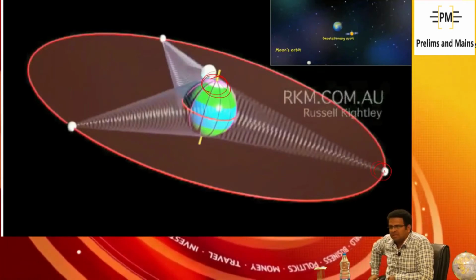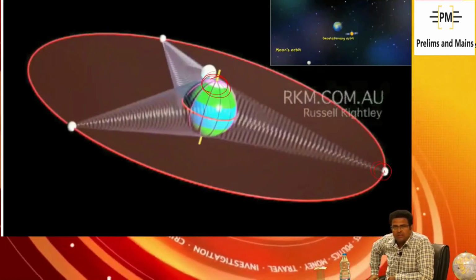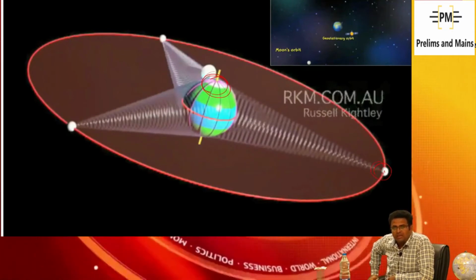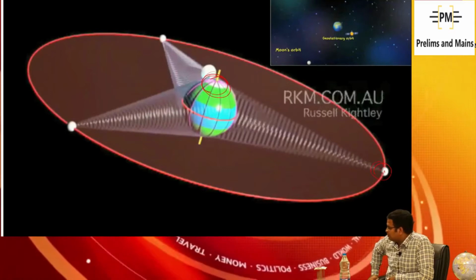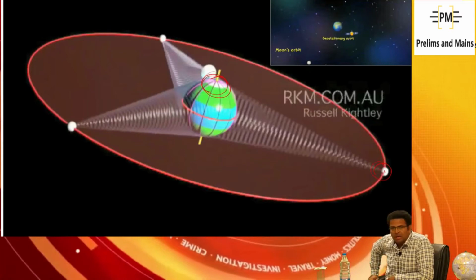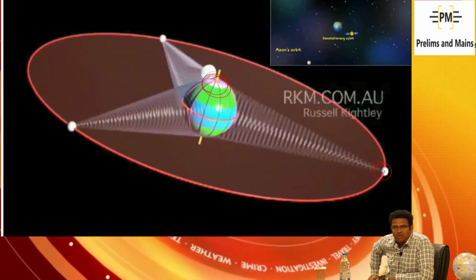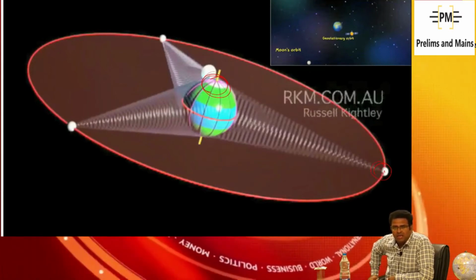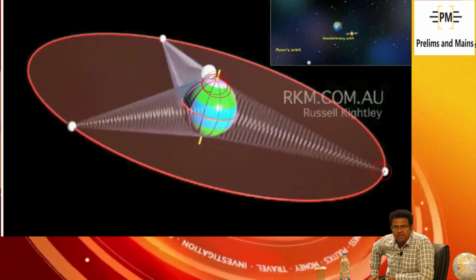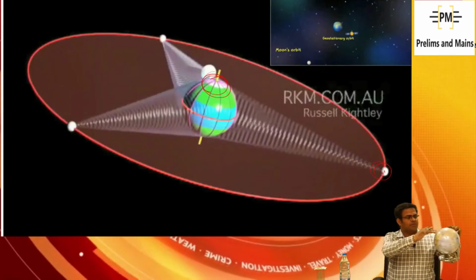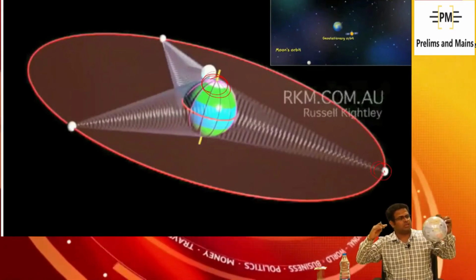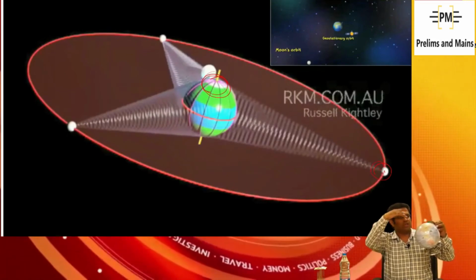I am asking, is it slant or vertical? Polar region and high latitude region, that is 50 degrees, 60 degrees, 70 degrees, 80 degrees, 90. So here the signals will go slant or vertical?